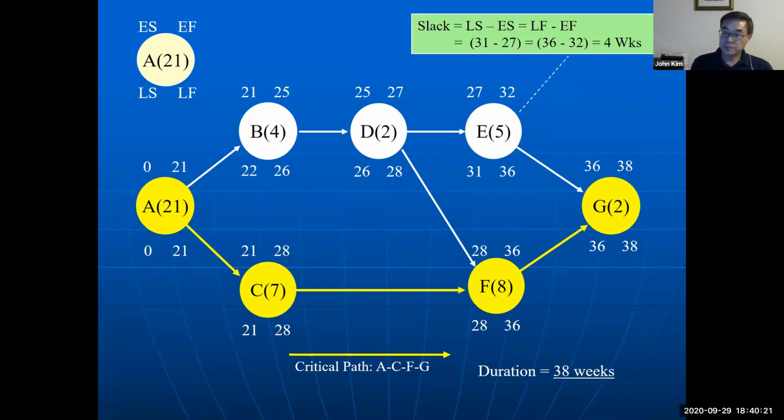So in this network, there are 3 possible paths.